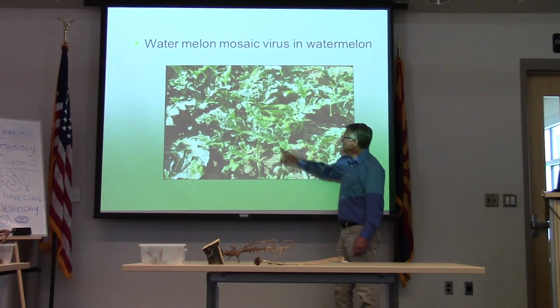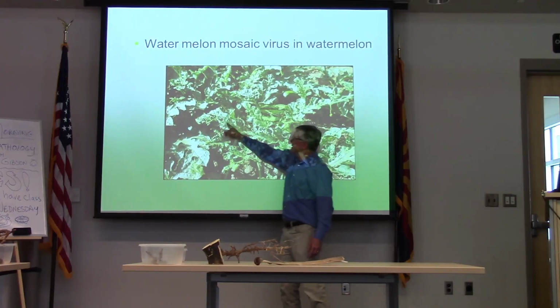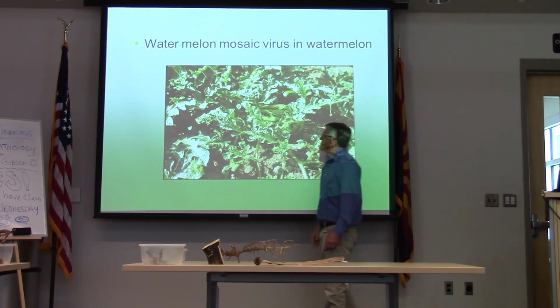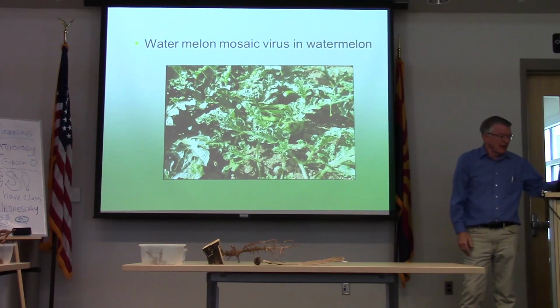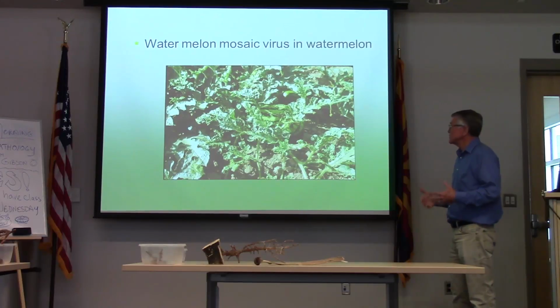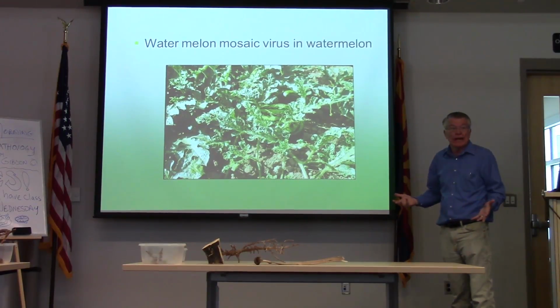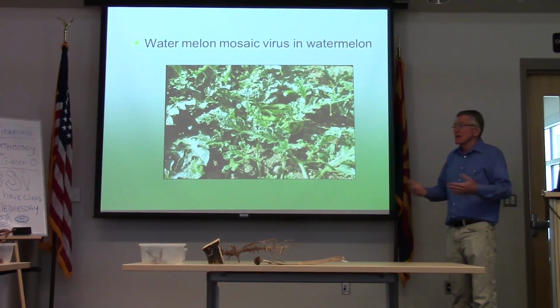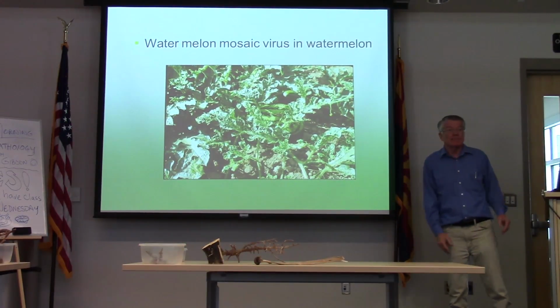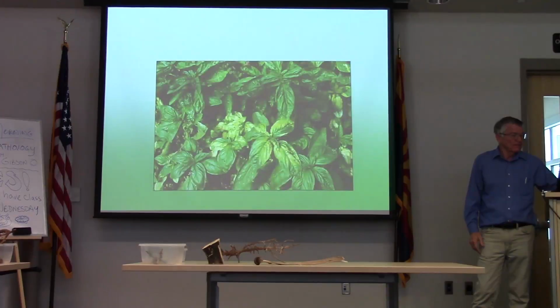Whenever we start seeing this crinkly symptom, it is an indication of this mosaic virus. And again, if it's early season, I might roll it out. But if it's widespread and towards the end of the season, I'm just going to get as many melons off as I can and go for it.